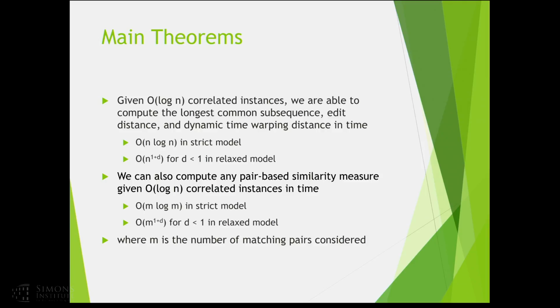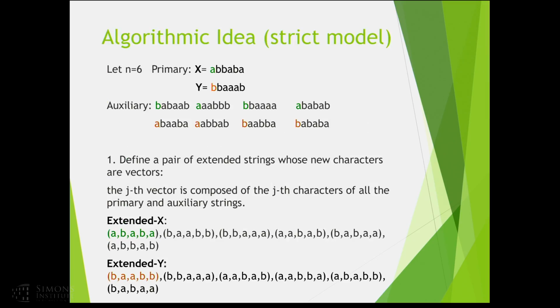And this also generalizes to the pair-based similarity measures, where the dependence is on the size of the sets of matching pairs. So now, how do we do this? First, we look at a pair of extended strings where each character in an extended string is a vector of characters in the original strings.